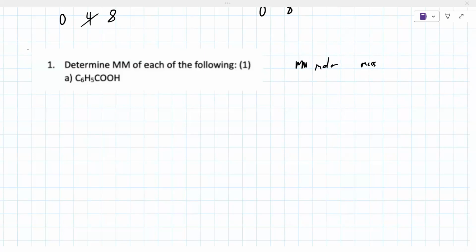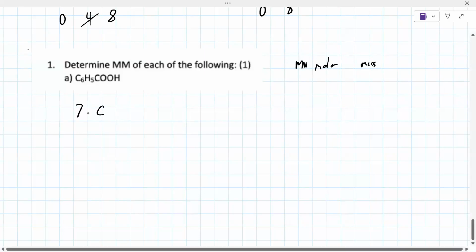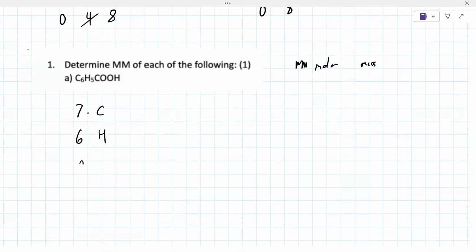The way to do it is to get those values, but you need to know how many. So you've got 7 carbons, 6 hydrogens, and 2 oxygens. Is that clear? You don't care about the order they're in. This means something to a chemist. It means nothing to me.